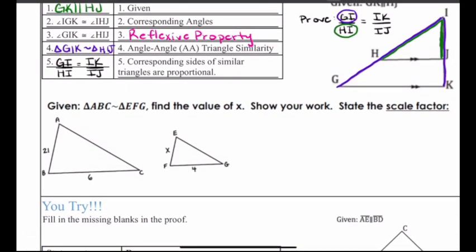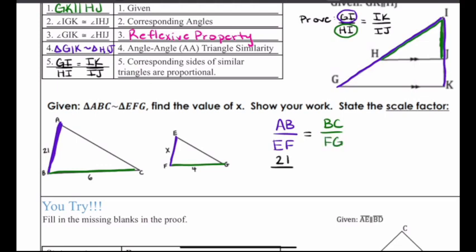Last but not least, we already have these two triangles that are similar. Remember, go ahead and match the sides. AB matches with EF. And BC matches with FG. So again, we can go ahead and set up a proportion. AB over EF should equal BC over FG.